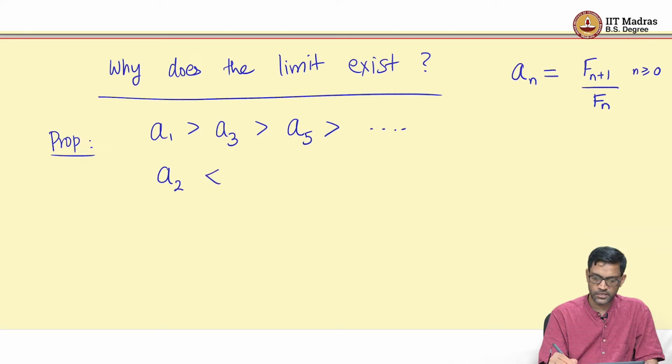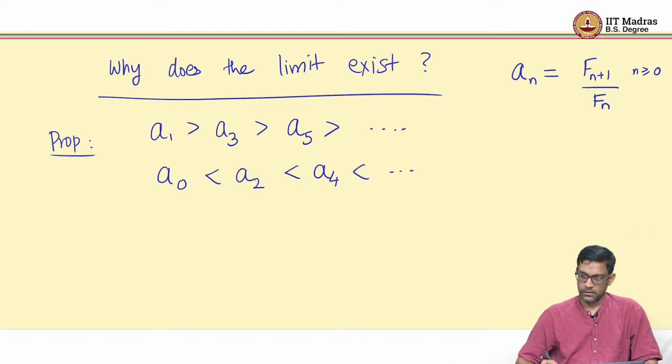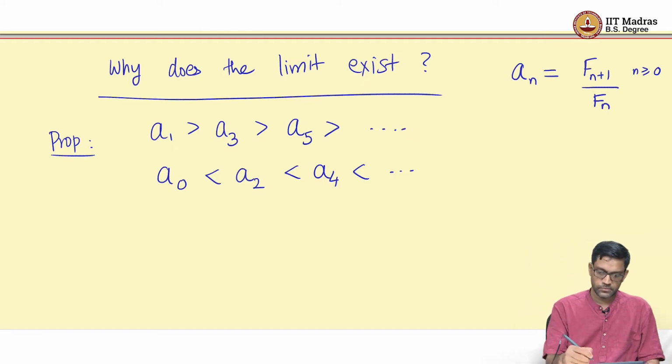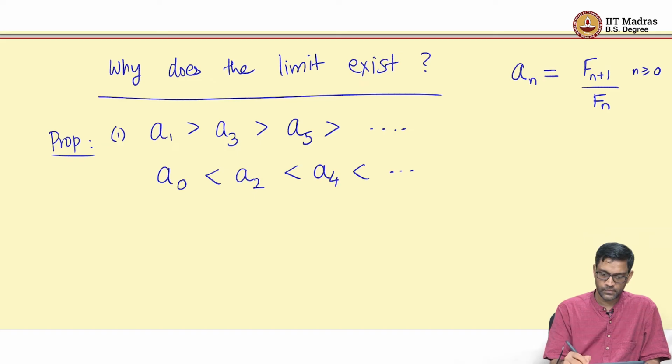The evens go the other way: a0, a2, a4, etc. So, here is observation 1.